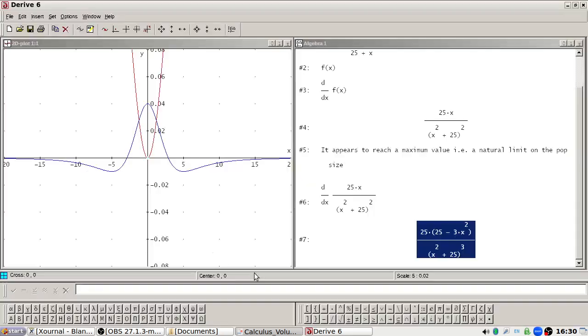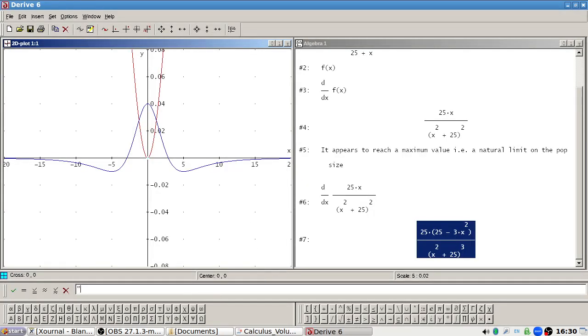Interesting. So at small values of x, the rate of change in f(x) is increasing.